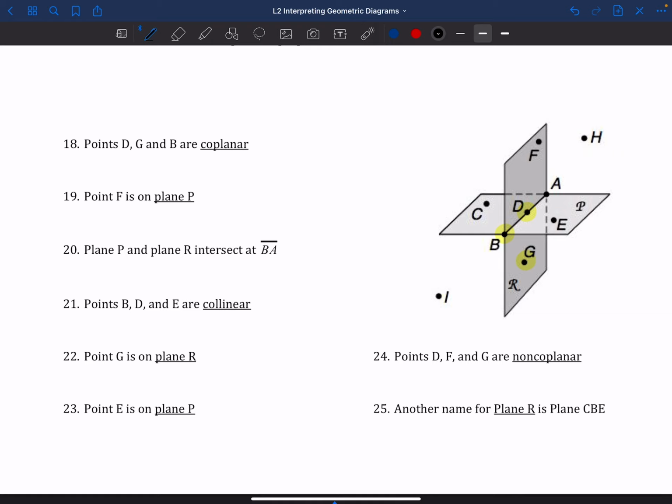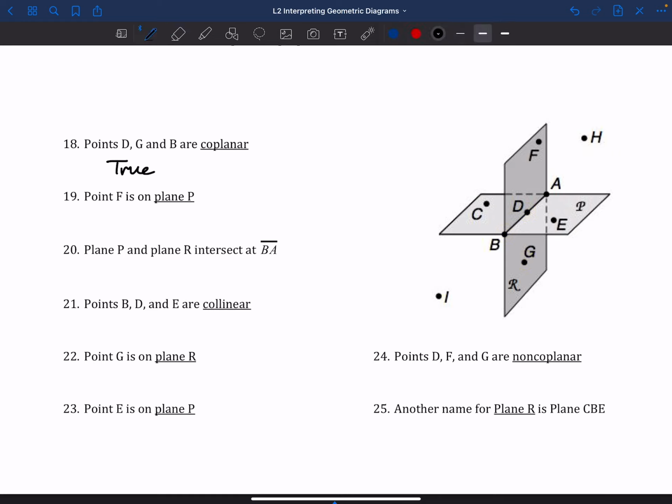So what I'm seeing is that B, D, and G, well, point G is definitely on that up and down plane R. If I think about points B and D, those are also on plane R, still on that part where it's going straight up and down. I would say that that one is true.